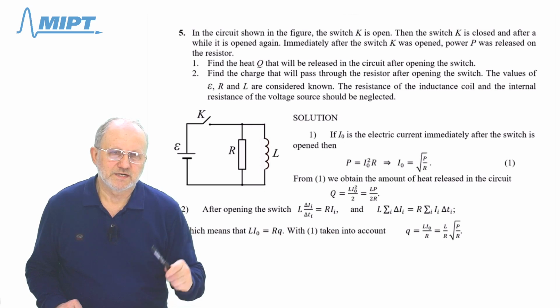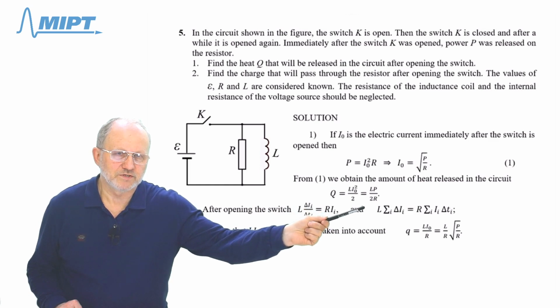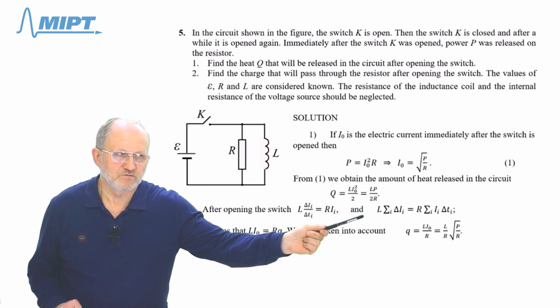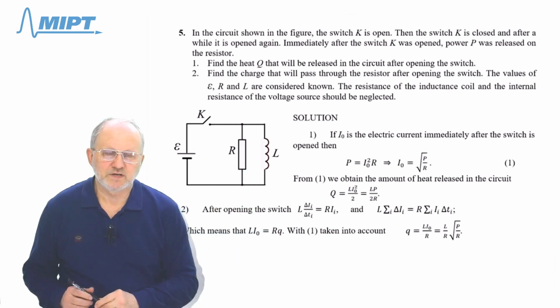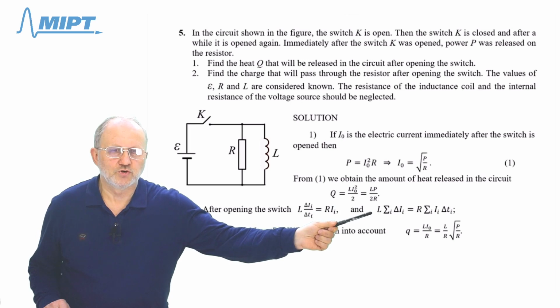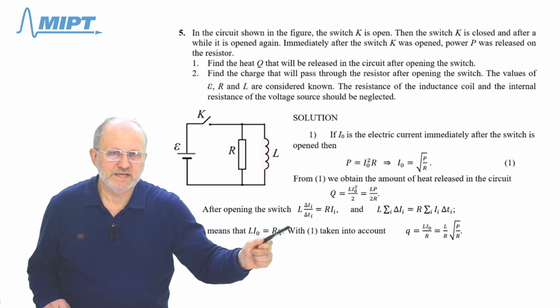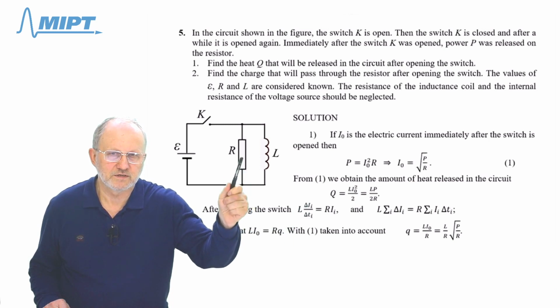And after that, we sum up all such equations for all the periods of time delta t, from the first period of time up to infinity. When we add all these terms, we must add together all the changes in electric current flowing in this circuit.